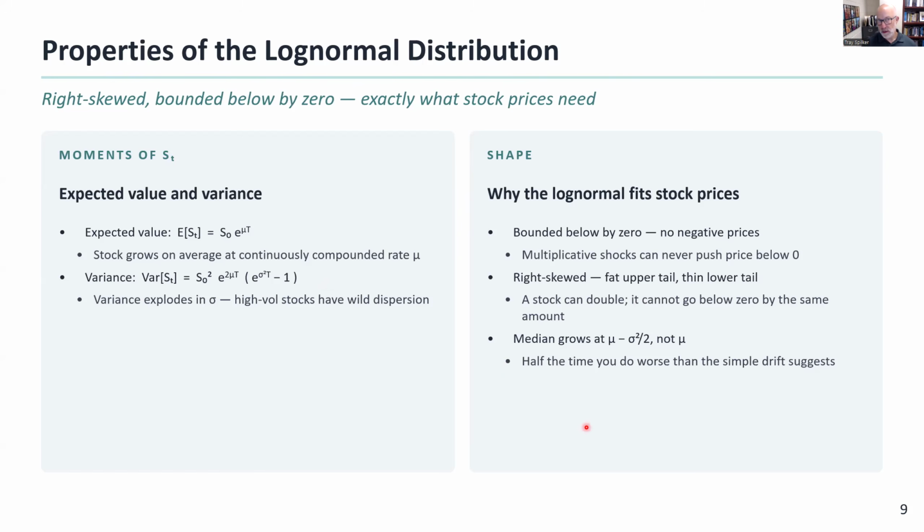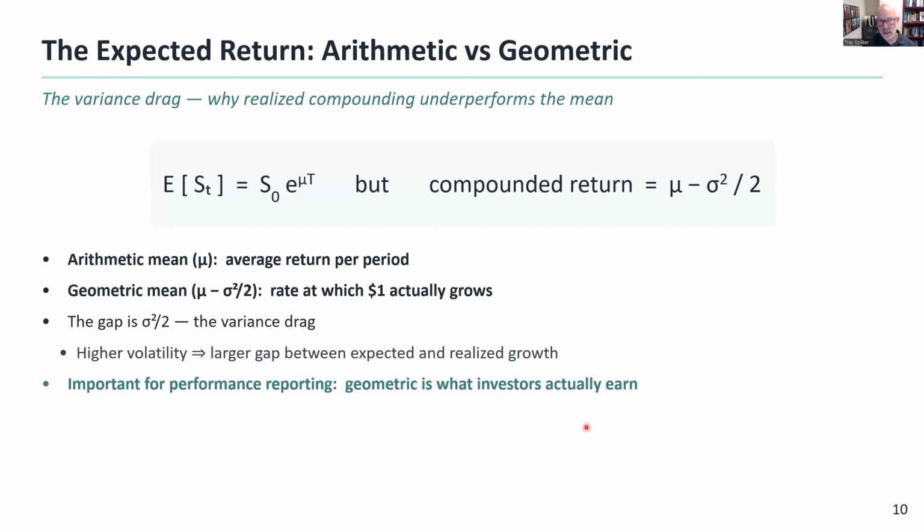Now, the expected return, as I mentioned before, in terms of the mean return, there's a difference between arithmetic and geometric. This is our variance drag, and basically why realized compounding underperforms the mean expected return. This is our mean expected return, but it compounds with some drag because of the volatility here.